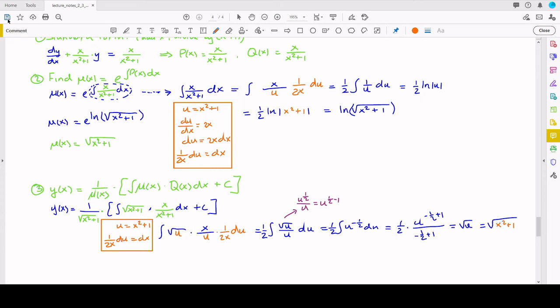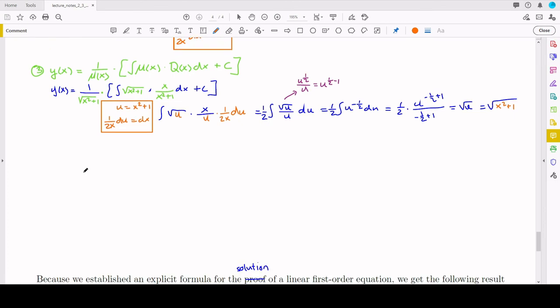So let's plug all of that in. I have y of x equals 1 over square root of x squared plus 1.